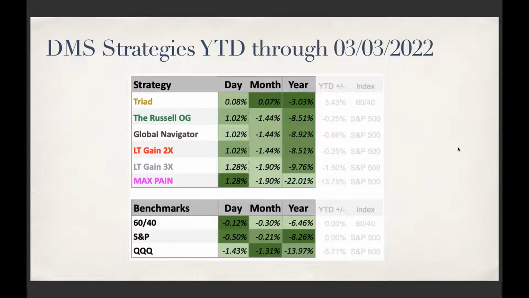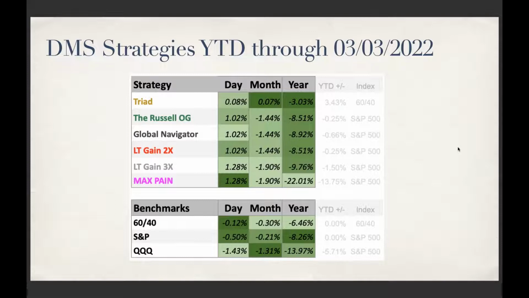But if I twist my phone to horizontal view and scroll it up so I can see everything, it then shows that year to date plus and minus any index it's tracking. So year to date, on a relative basis, Triad is doing fantastic. It's almost 3.5% better than its 60-40 benchmark. The reality is it's still down 3% for the year.